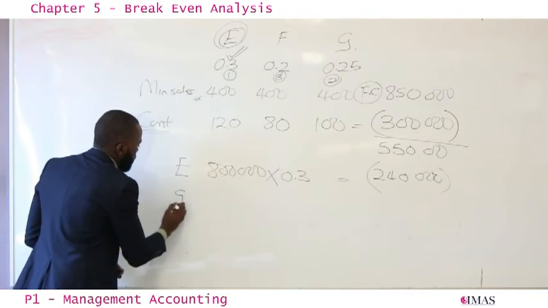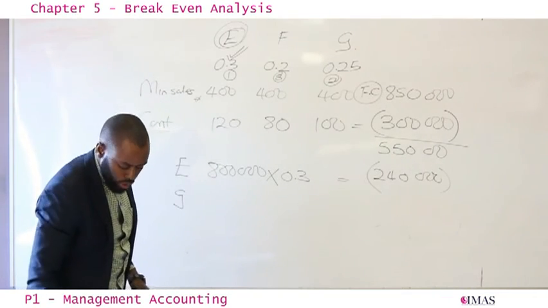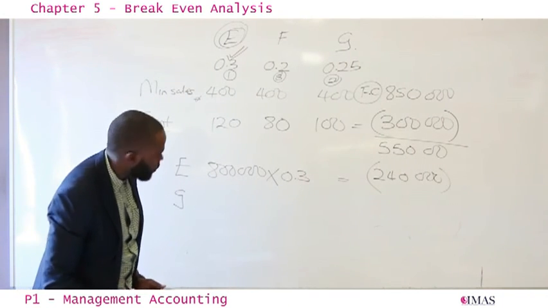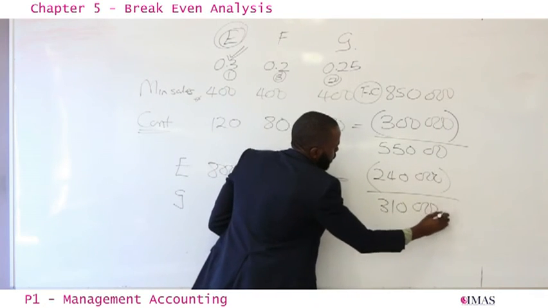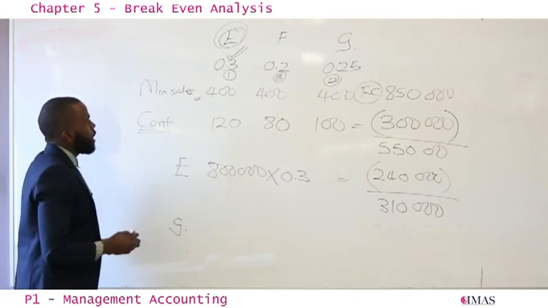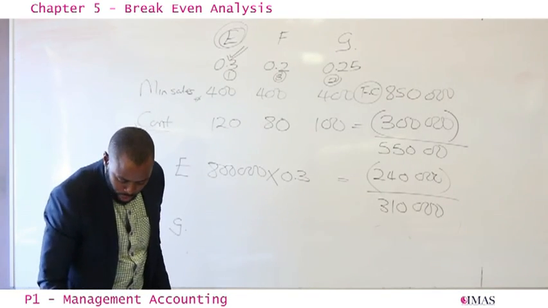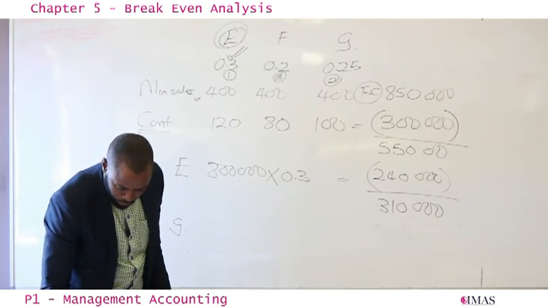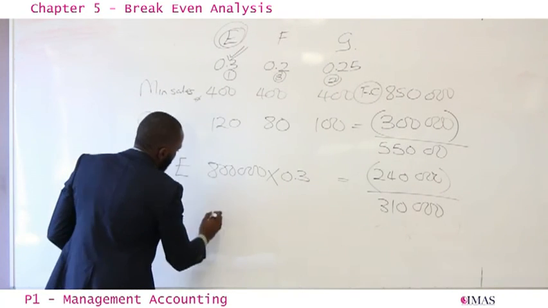Then we go to the next product, G. How much fixed cost is left to cover? It's 550 minus 240, so we're left with 310,000. Now with G, the maximum sales is 1,900, and we've already sold 400. So 1,900 minus 400, we have to sell 1,500.